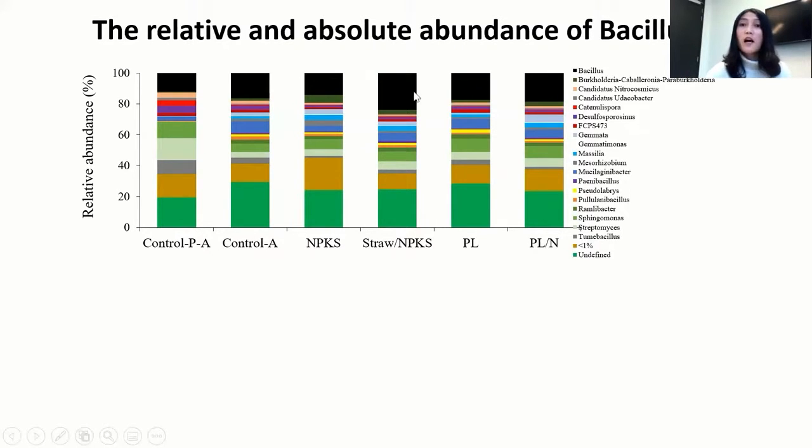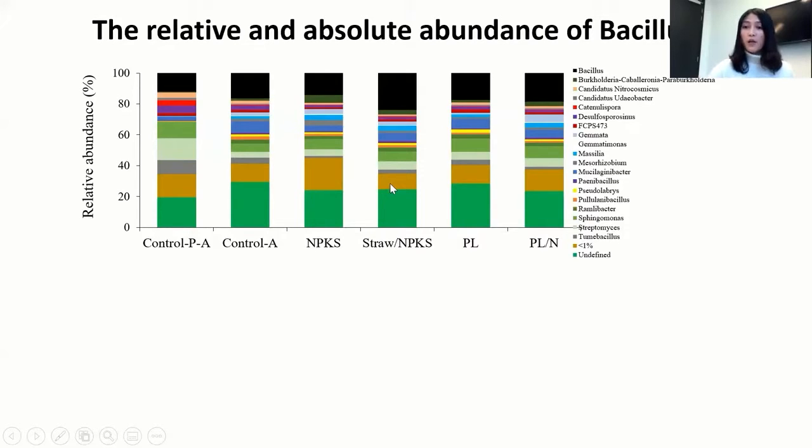They were slightly higher in these organic-based amendments than the inorganic fertilizer treatment. But we cannot say they are more abundant in this treatment because it's a relative abundance. It really depends on the abundance of other genera. So this increase here may simply be due to the decrease in other genera.